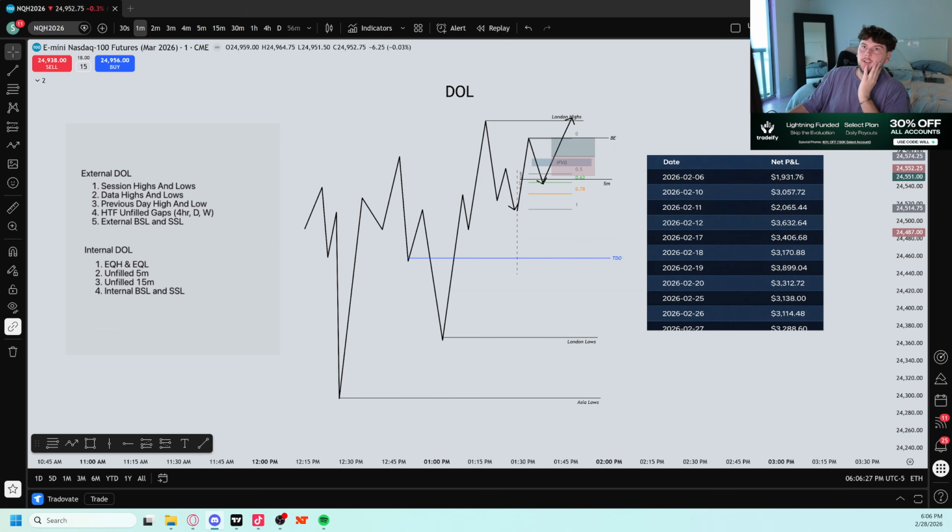Yeah, let's take a look at the mech model trade that I took, because I did take a mech model trade. What day was it? I know I uploaded on TikTok. 2/11.